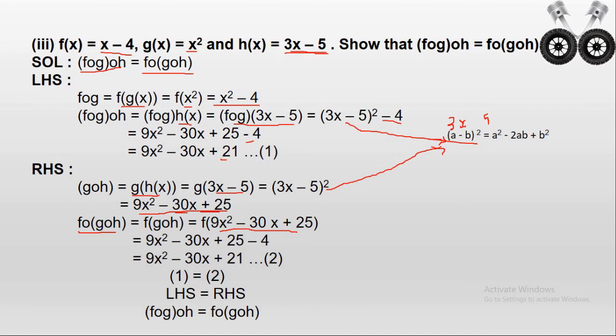So 25 minus 4 is 21. So that answer is 9x square minus 30x plus 21. So equation 1 and 2 are equal. So LHS equals RHS. Therefore F composition G composition H equals F composition G composition H.